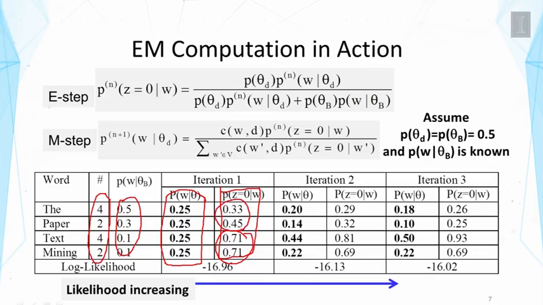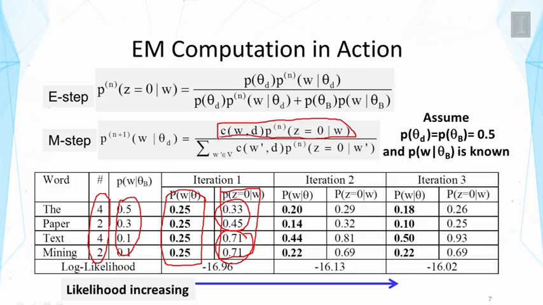Right? So once we have these Z values, we know in the M step, these probabilities would be used to adjust the counts. So 4 must be multiplied by this 0.33 in order to get the allocated counts toward the topic. And this is done by this multiplication.